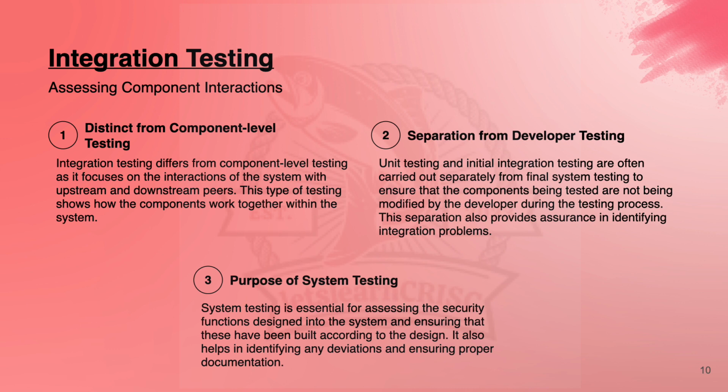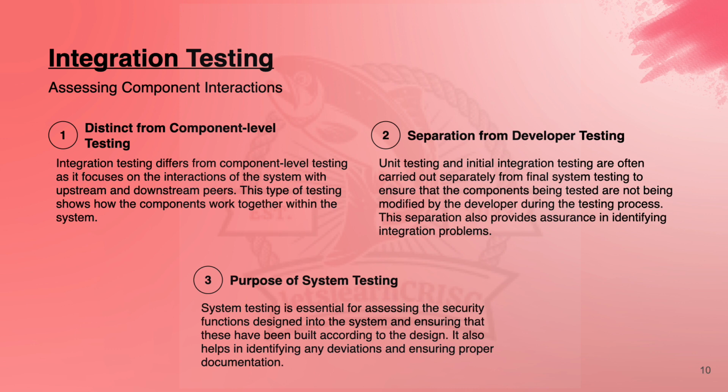Friends, system testing is crucial for assessing the security functions designed and implemented in the system. It aims to verify that the security features operate as intended. Similarly, system testing validates that the security functions have been built according to the design specifications and the requirements outlined during the development phase.